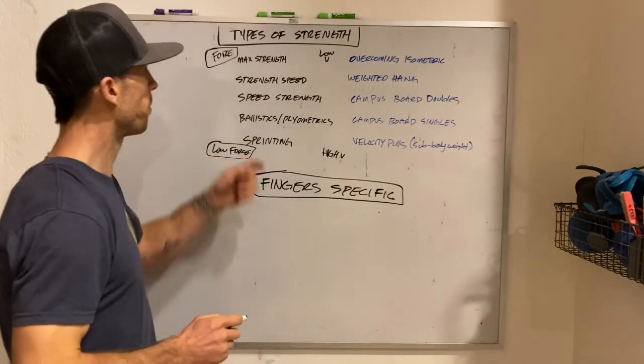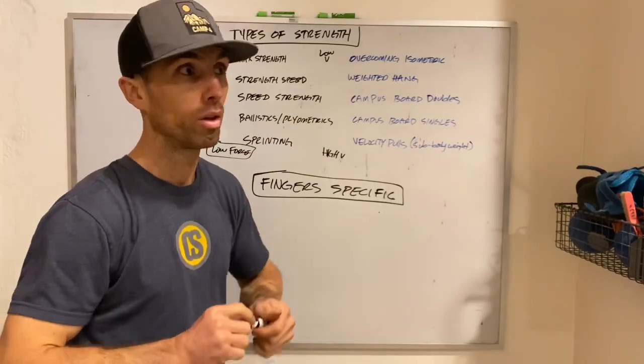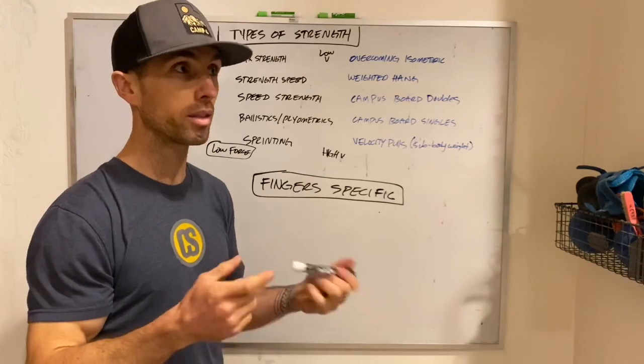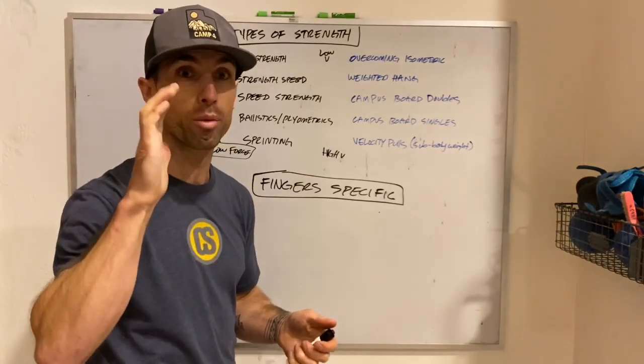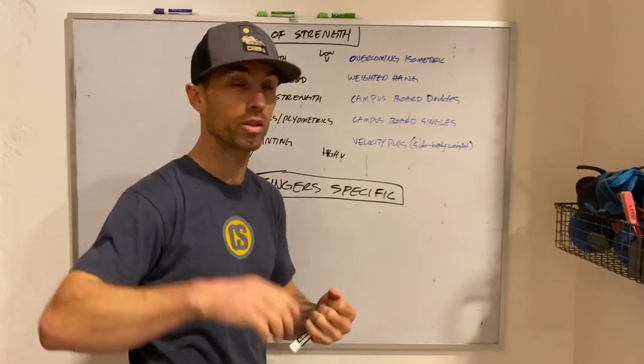Okay, so maximum strength would look like an overcoming isometric. So use a portable tool, use your hangboard. Some of you will be strong enough where using your hangboard won't be enough, so you have to put weight on your body or hold something else so you don't lift yourself off the ground.